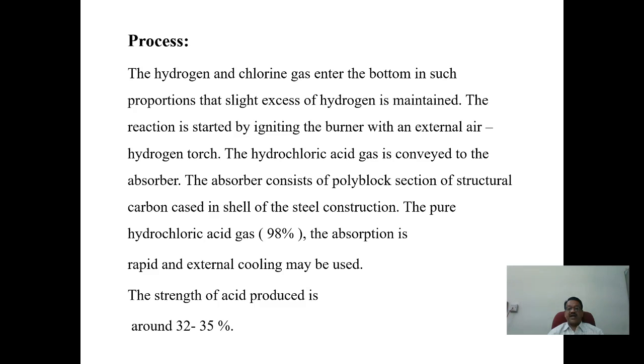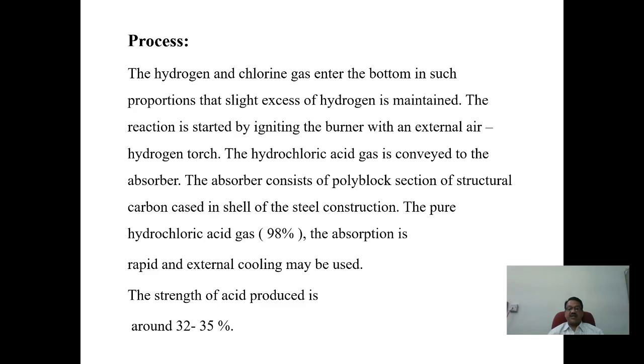The hydrochloric acid gas is conveyed to the absorber. The absorber consists of a polyblock section of structural carbon cased in a shell of steel construction. Pure hydrochloric acid gas, that is 98%.